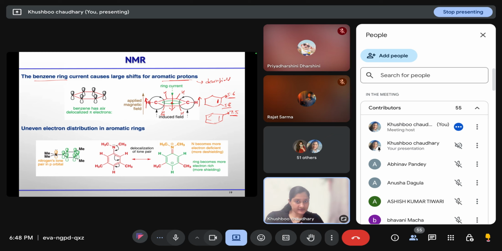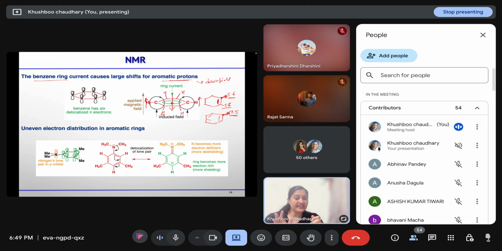Is this clear? Could you repeat once again? Okay. I'm saying, if we are comparing cyclohexene with benzene protons, in both cases the carbon has a double bond and the proton is attached to that carbon. So in both cases, why does the difference in delta values come?